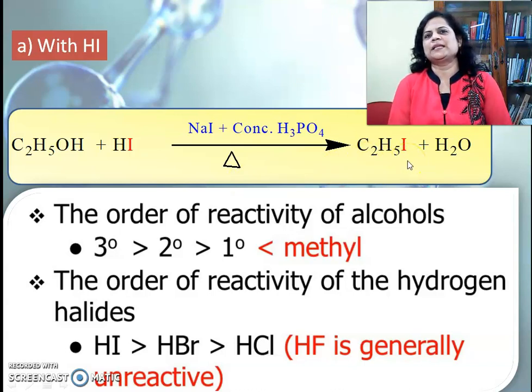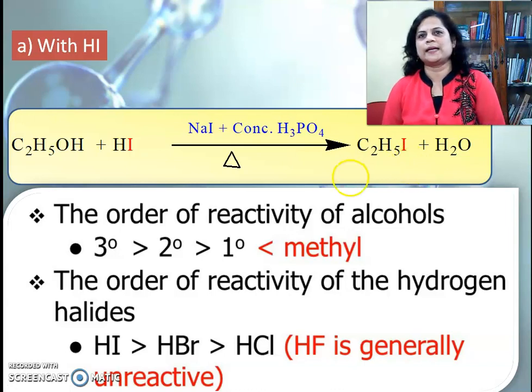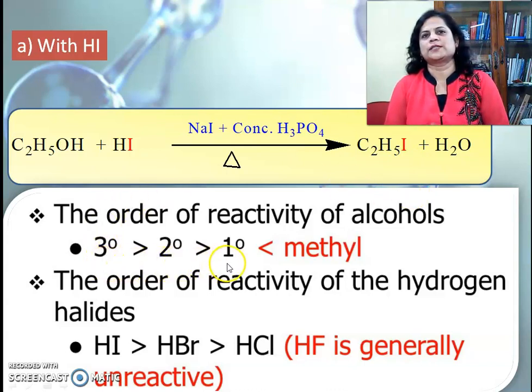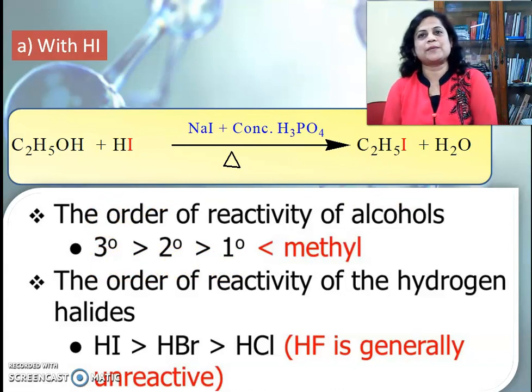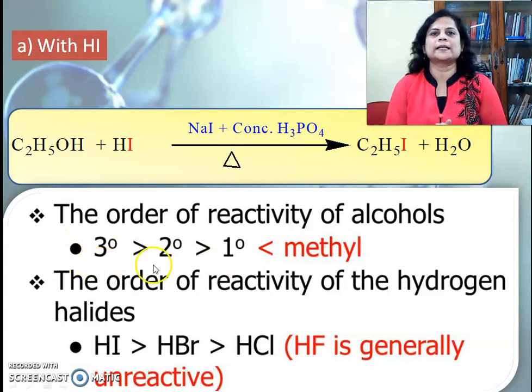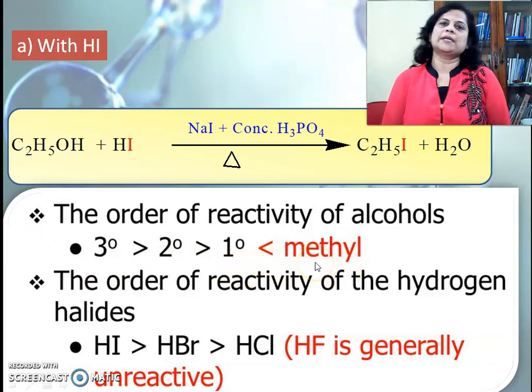So these are the reactions for the conversion of alcohol to the respective halides using HCl, HBr and HI. Primary, secondary and tertiary alcohols show different types of reaction, but with HI they show the same type of reaction. The order of reactivity of alcohols is tertiary more reactive than secondary, secondary more reactive than primary, and methyl alcohol is more reactive than primary alcohol.